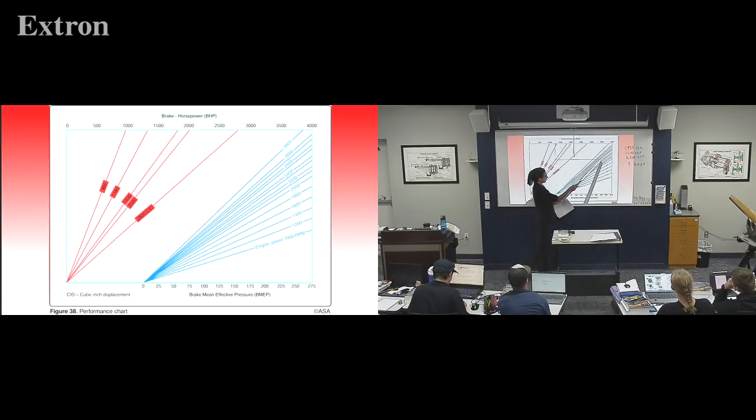The next and final information we want is brake mean effective pressure. So we're going to drop straight down from there. If we come down, we land right about in here. There are no smaller lines in between, so we kind of have to guess a little bit where that would be. We've got from 200 to 225.